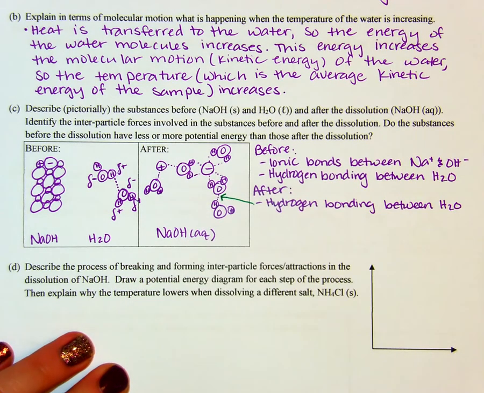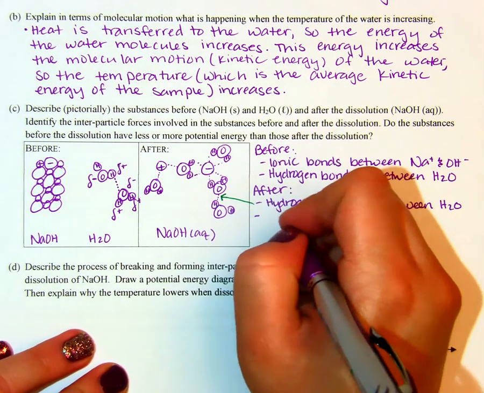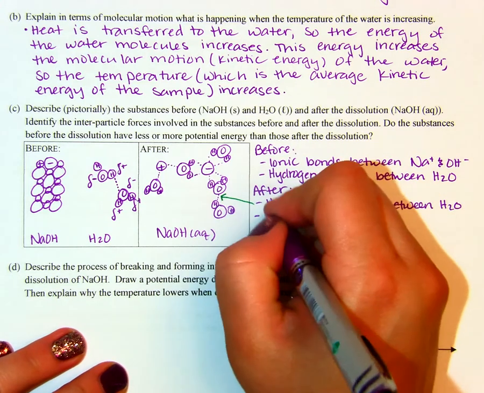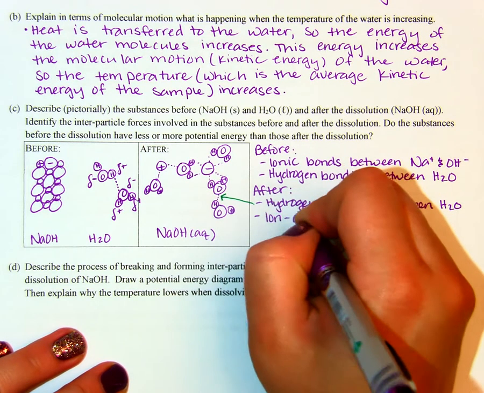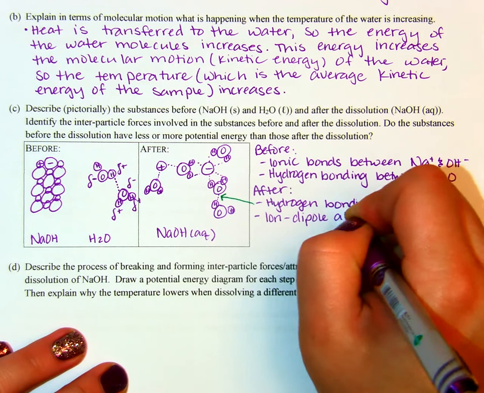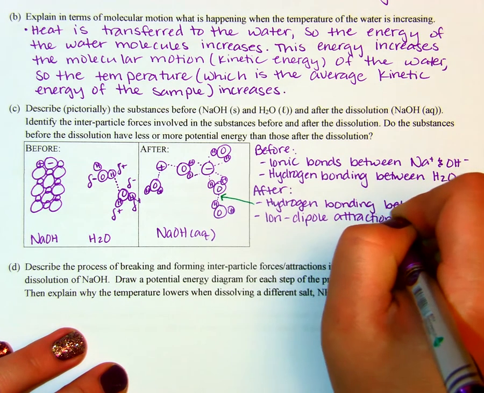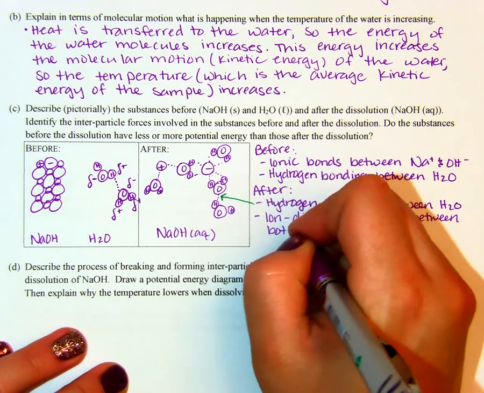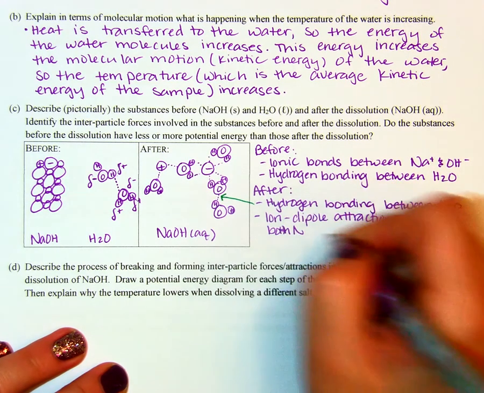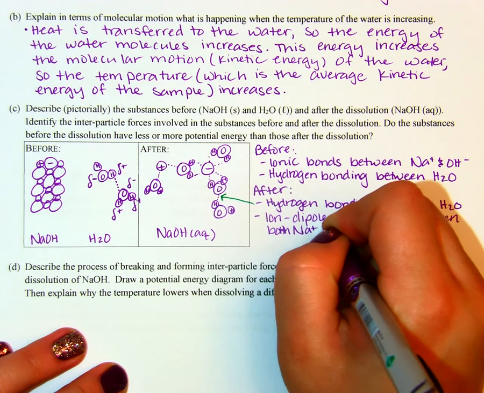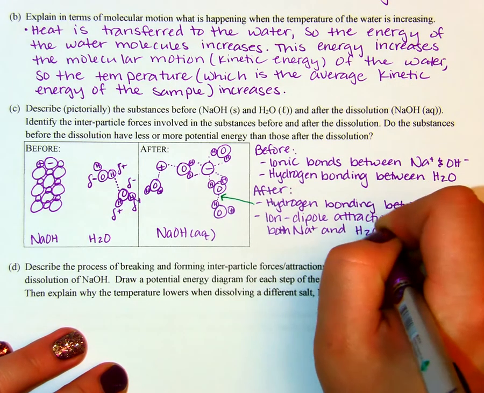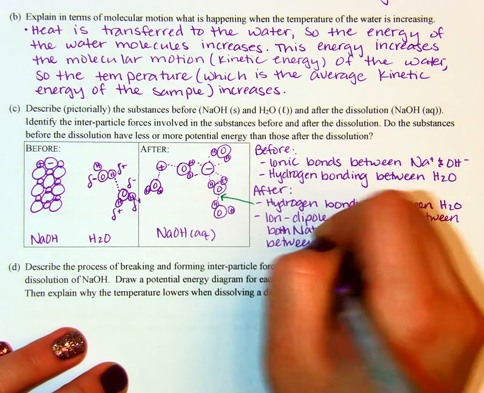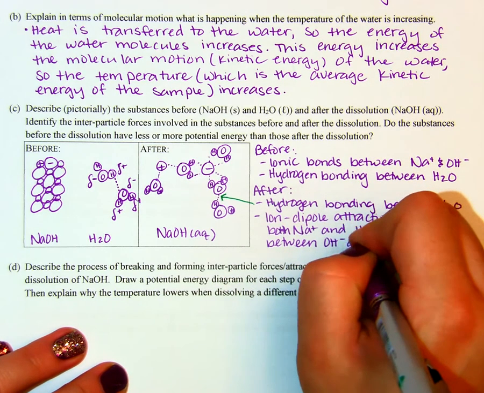We also have what we call ion dipole attractions between the sodium ions and the water molecules. So we have ion dipole attractions between both Na+ and H2O and between hydroxide and H2O.